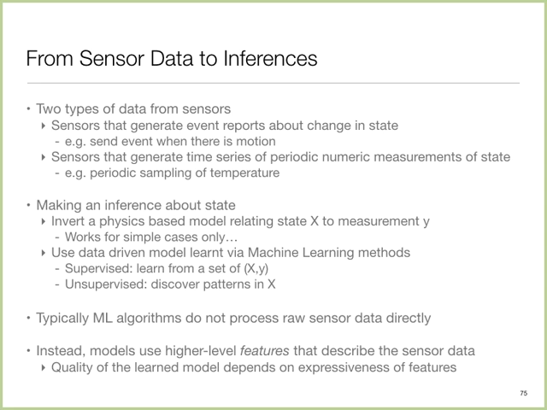What we are interested in is making an inference about the state of the world. One way of doing this is that given the measurement, I would apply an inverse physics model and then get to the state. That works only for very simple things, like I can convert voltage to temperature. But for more complicated things, that's kind of out of the question. The other approach is that we learn some sort of a data-driven model, train it, and then apply that.